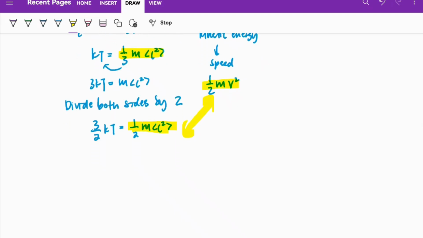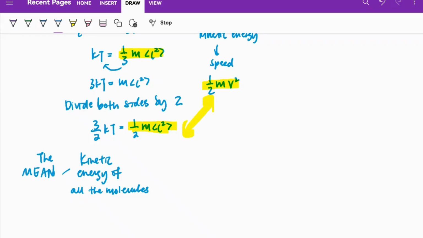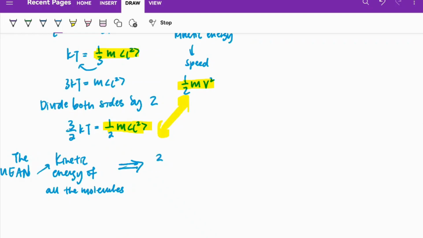So we can actually write the kinetic energy of all the molecules. Oops, don't forget something, the mean kinetic energy of all the molecules is equivalent to 3/2 kT.